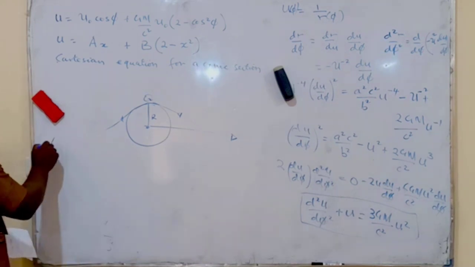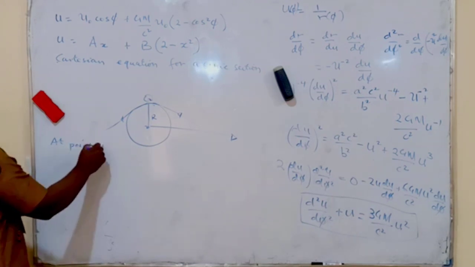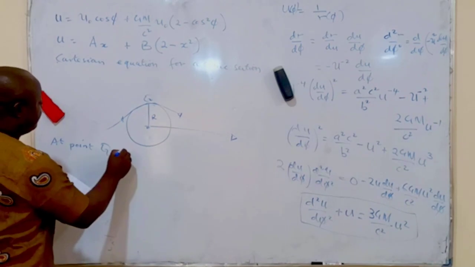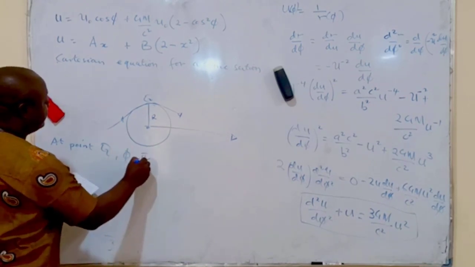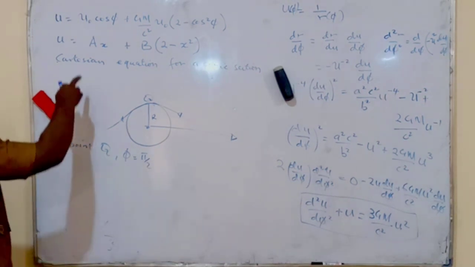So at that point Q, our phi is pi over 2. So what will be our x from this equation?